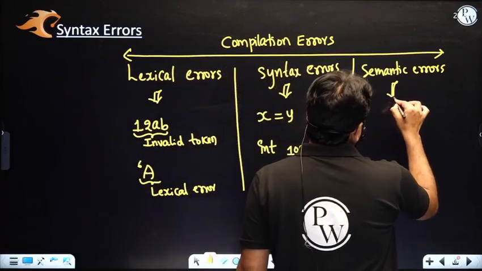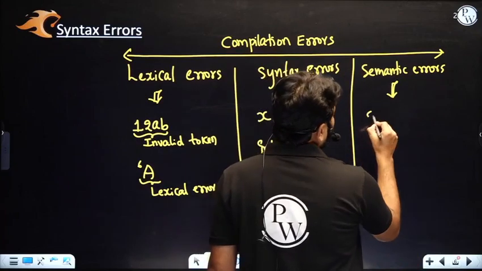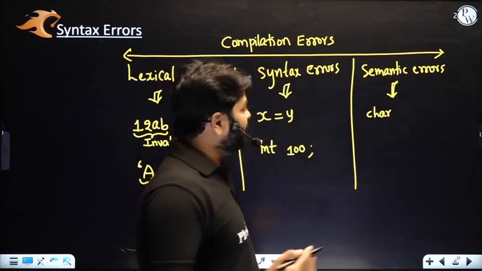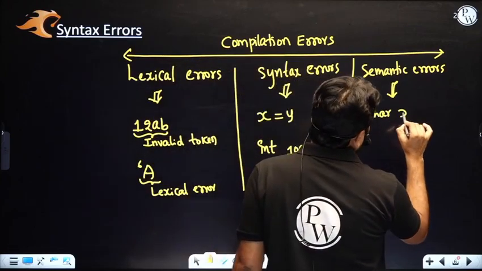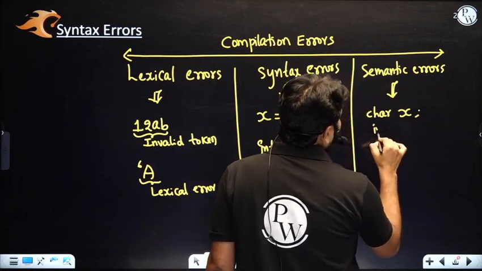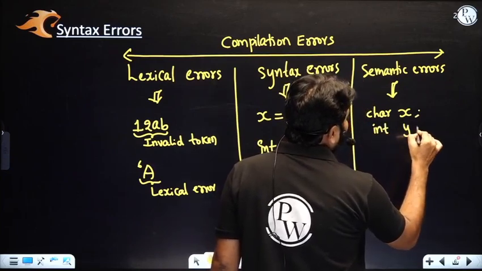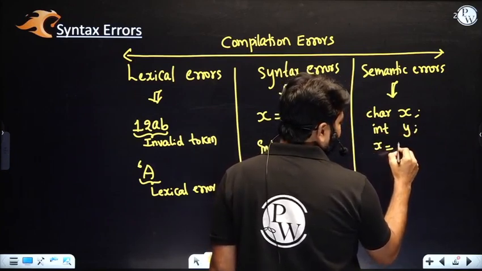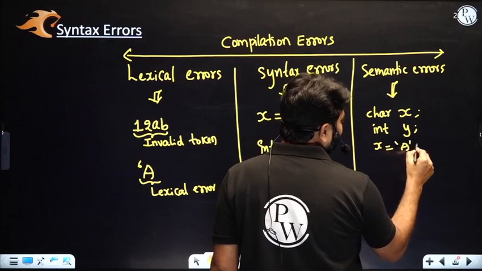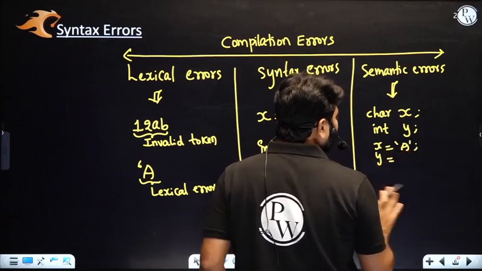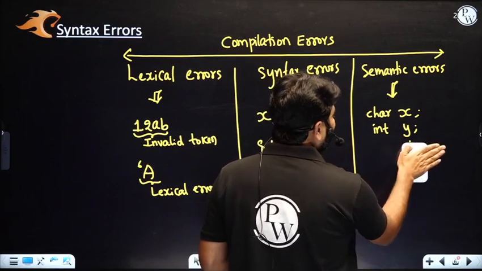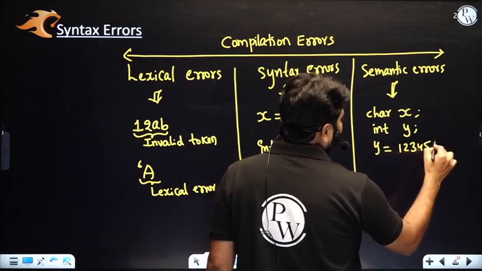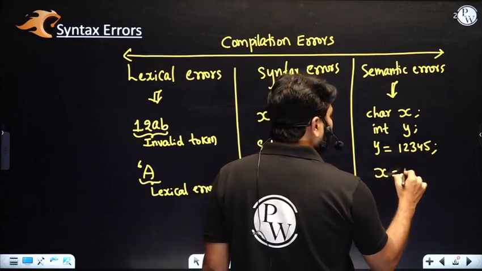Semantic errors. You need to analyze the code properly with the help of types mainly. Let's say you have char x, and some compilers do conversions, but I'm only talking about, let's say, y is equal to 12345, something like that, and you are trying to assign that y into x.